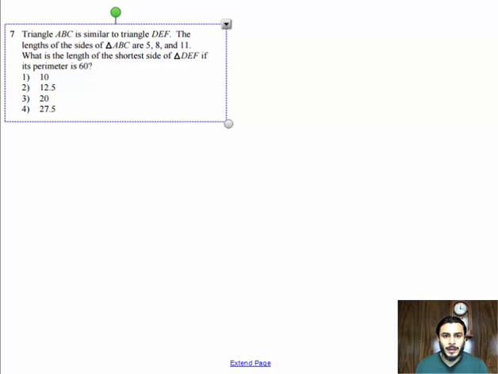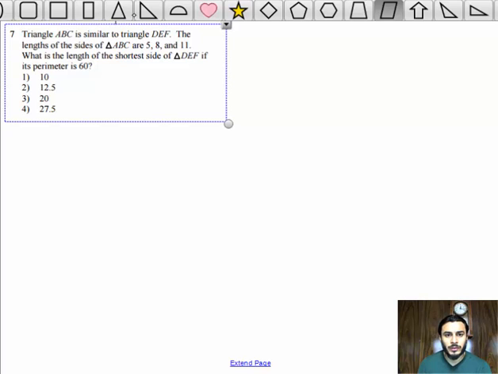Number 7 says triangle ABC is similar to triangle DEF. The lengths of the sides of triangle ABC are 5, 8, and 11. What is the length of the shortest side of triangle DEF if its perimeter is 60? Let's draw this out.